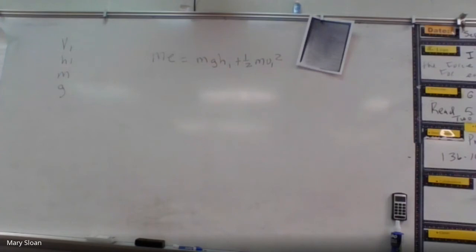So the variables are on the board. You have velocity initial, you have height initial, you have mass, and you have gravity. Read your problem again. See if you can figure out what the variables are. And then I gave you the formula that you're using, and then you're plugging it in. Mechanical energy. Figure it out.